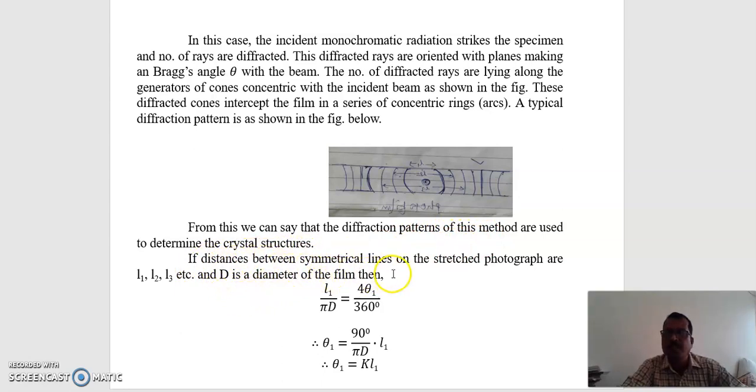If distances between symmetrical lines or arcs on the stretched photograph are L1, L2, L3, etc., and capital D is the diameter of the film, then we get L1 divided by pi D equal to 4 theta 1.